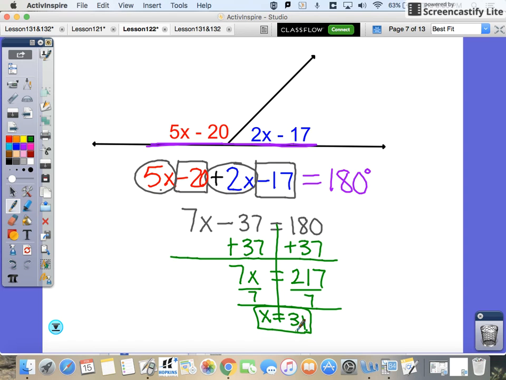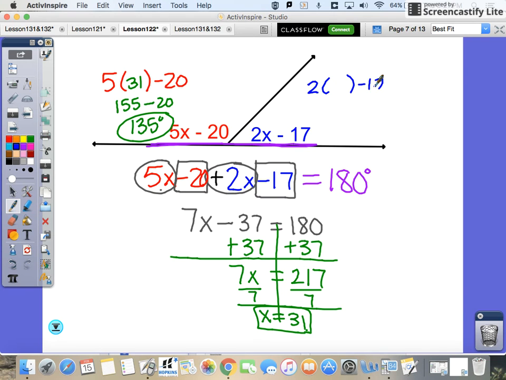So if x is 31, we're not quite done yet. We need to figure out what these angles measure. So we got 5 times x minus 20, but we just found out x is 31. 5 times 31 is 155. Minus 20 is 135. Over here, we're going to do 2 times x minus 17, but again, x is 31.